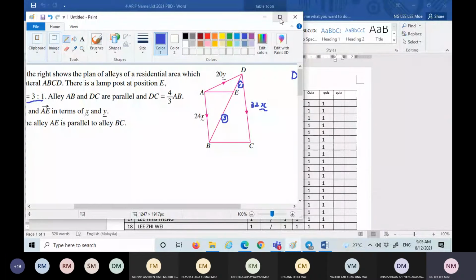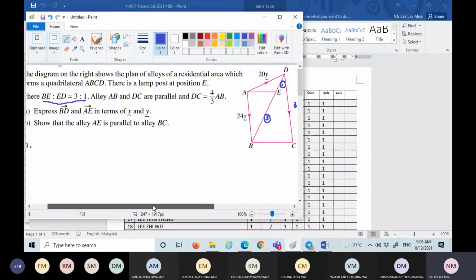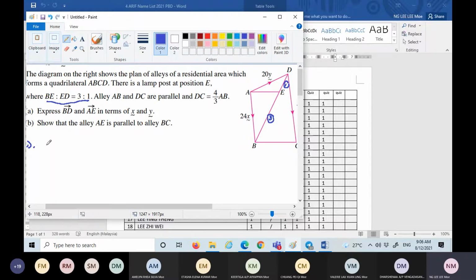I want to know from where I can reach from B to D. You don't have to tell me the final answer. BD, what route do I have to use? BA to AD. Very good suggestion, because BA I have information and AD also I have information. So BD you can do B to A and then A to D.